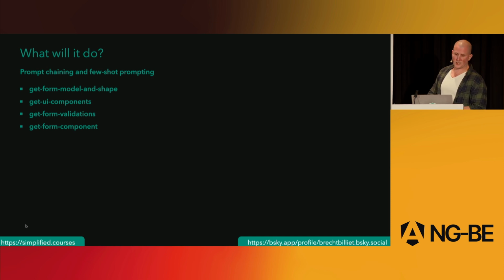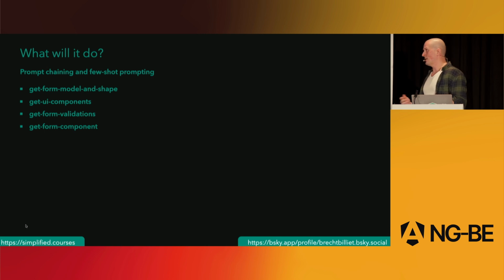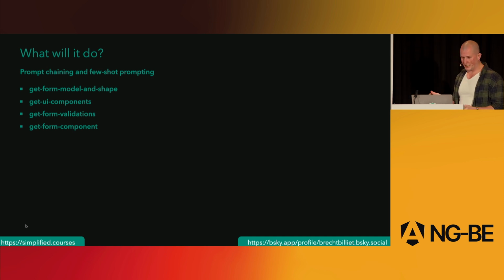So what I do first is I get the form model and the shape based on my previous message. Then I get the UI components from my design system, so it infers which components make sense to use. Is it an input? Is it a text area? Is it an autocomplete?